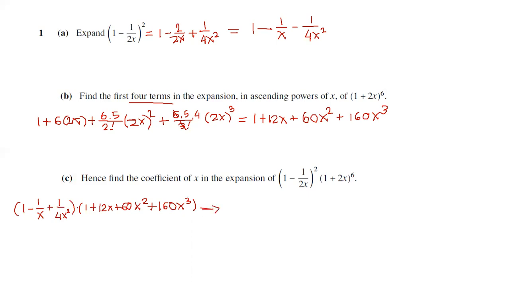Next, for the coefficient of x, it means 1 times 12x, 12x, and this one, negative 1 over x times 60x squared, negative 60x, and this one, 1 over 4x squared times 160x cubed becomes 40x.